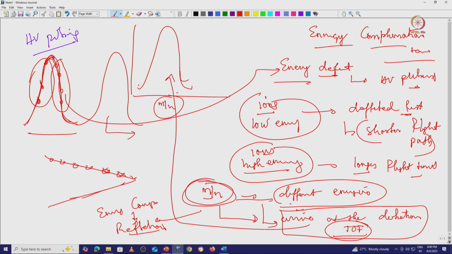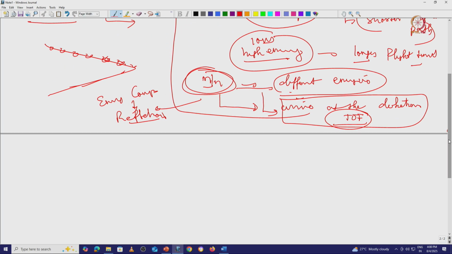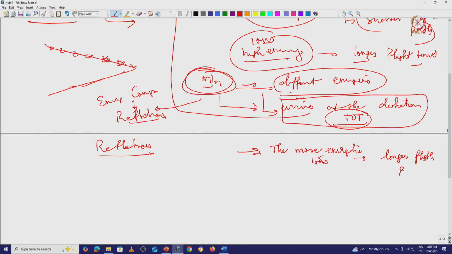Okay, so we use a reflectron. Here the more energetic ions will have a longer flight path.